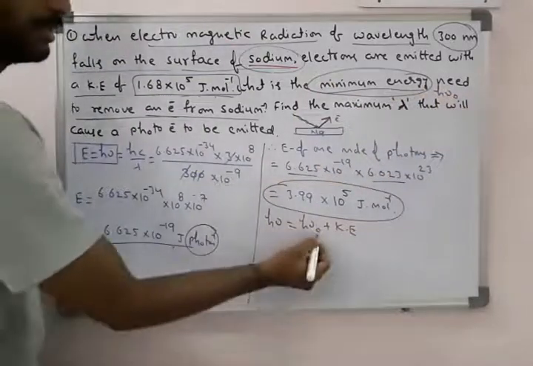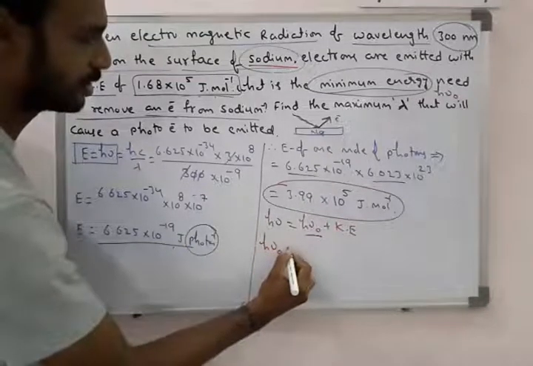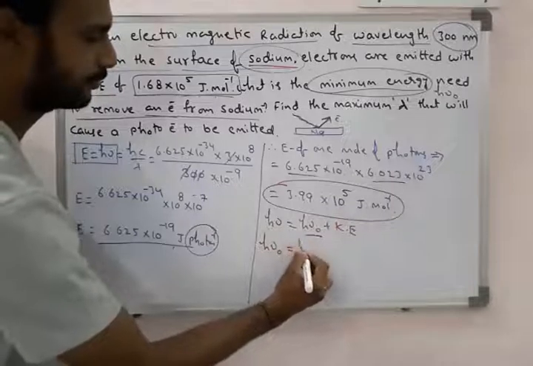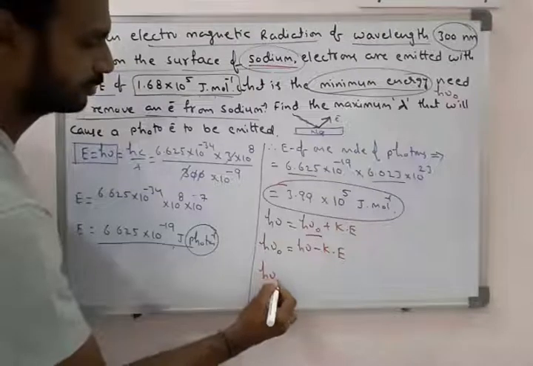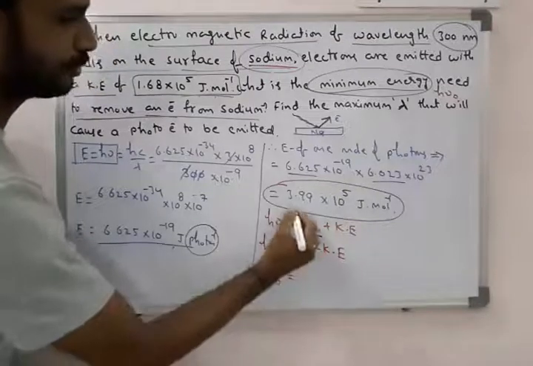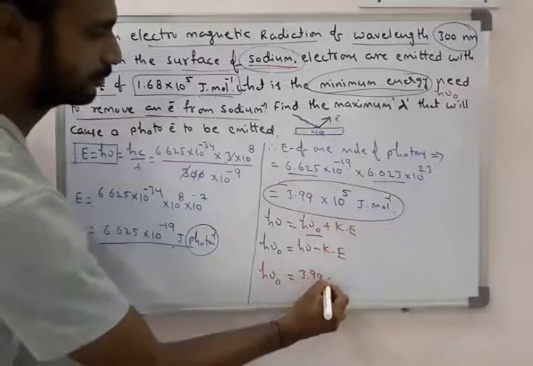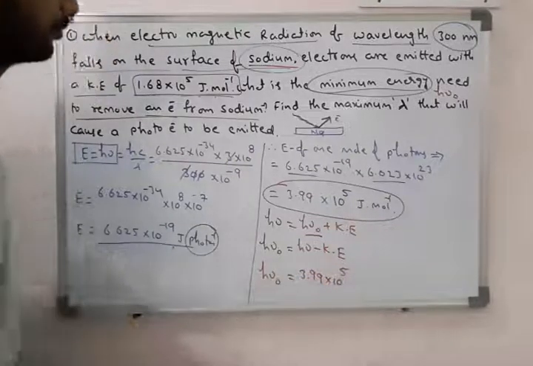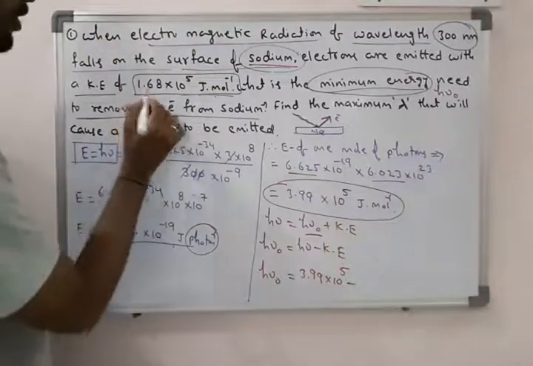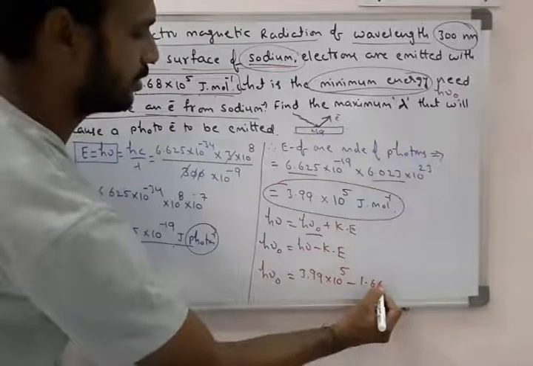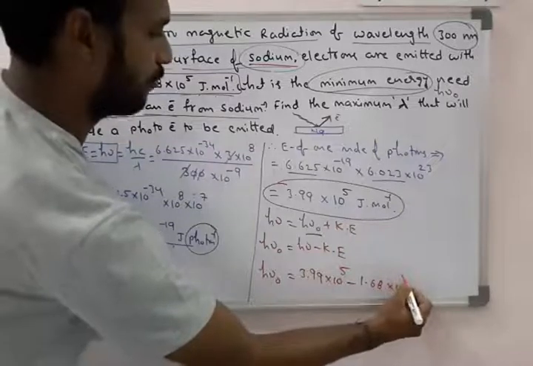So we need to calculate h nu naught, which is h nu minus kinetic energy. The kinetic energy of electrons per mole is given as 1.68 into 10 to the power of 5 joules per mole.